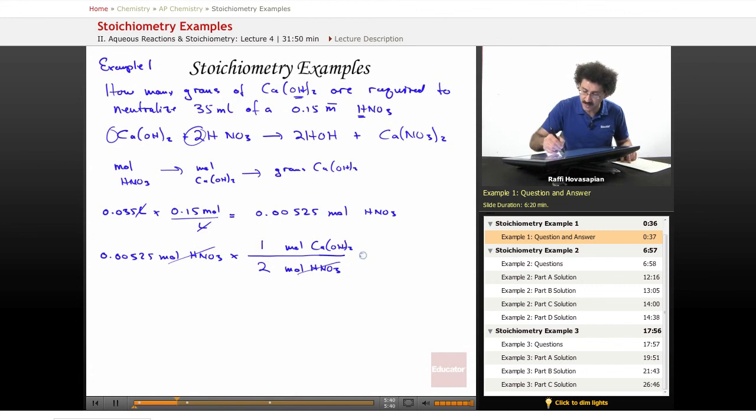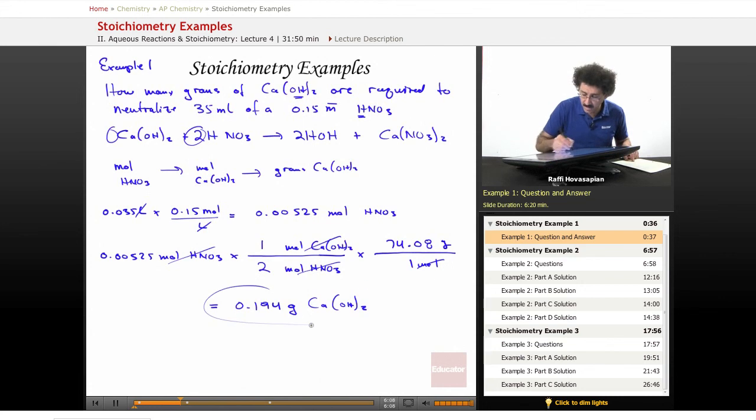In this case, let's just go ahead and do the straight conversion just so you can see it. And then 1 mole of calcium hydroxide, the molar mass is 74.08 grams. And when we do that times that divided by this, we should end up with 0.194 grams of calcium hydroxide.